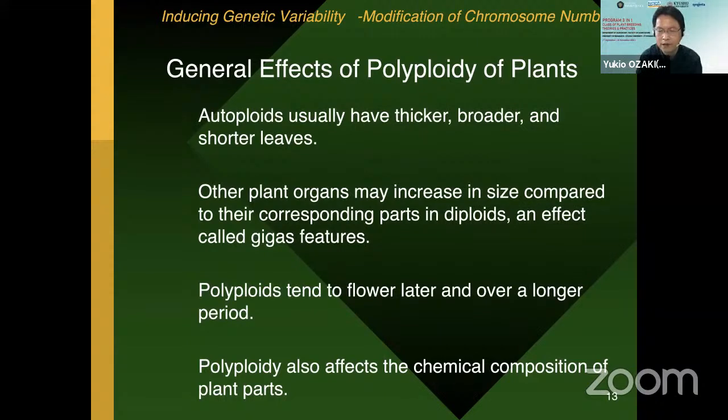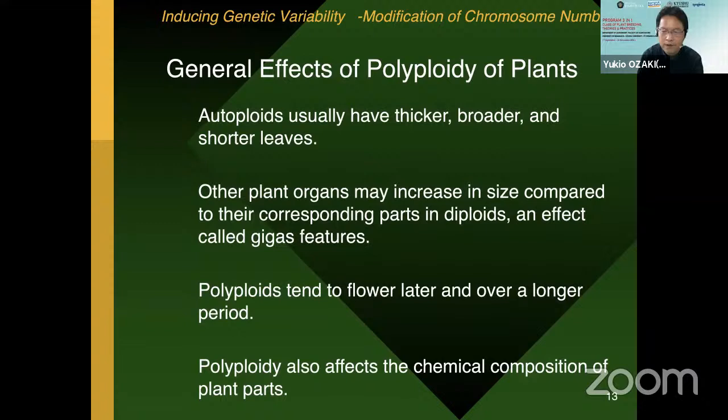Autoploids generally have fertility problems and have poor pollen production. In some cases, reduction in fertility as compared to their diploid counterpart may be as high as 80 to 95%.